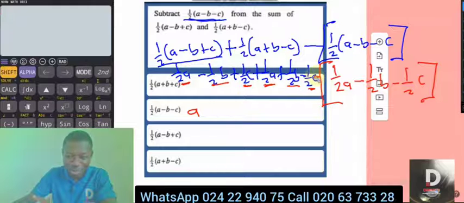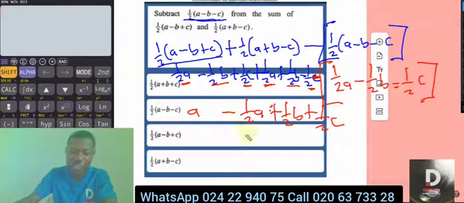Now, let's open this bracket. So this negative is affecting everything inside. So we are continuing it from here. So we get minus half A, plus half B. This is negative, so plus half C. A minus half A is half A. Do you agree? 1 minus half is half.